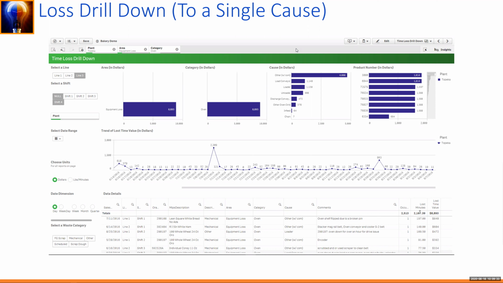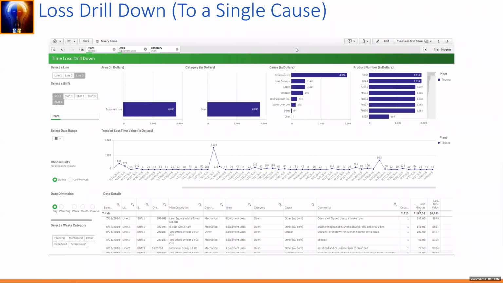And what we've identified was that these oven shelves and the broken pins were the big issue. So what we were able to do is to identify a different type of pin that didn't fatigue as much going through the oven. We changed the cycle for preventive maintenance on those pins and so forth. And we were able to completely eliminate the single biggest source of loss within the factory pretty easily once we understood.